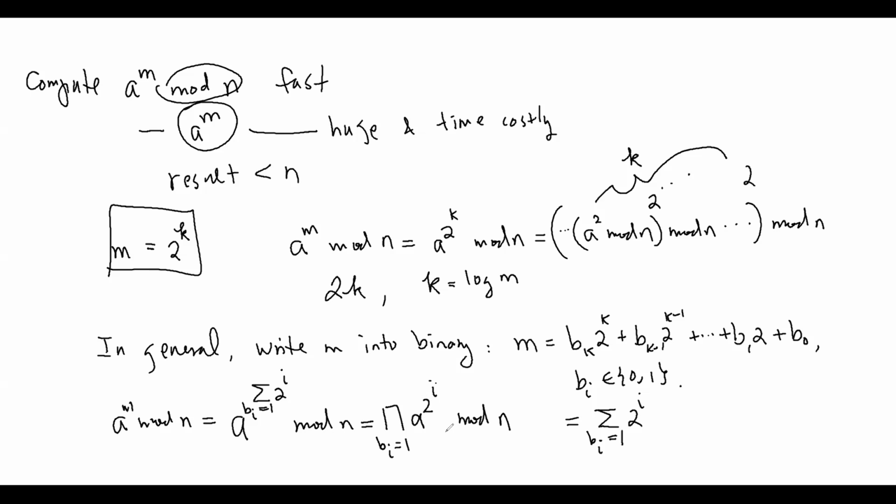But we can do even better. For each of these it is at most 2k operations, and then you multiply them back, that's at most k, so there's at most 3k operations.